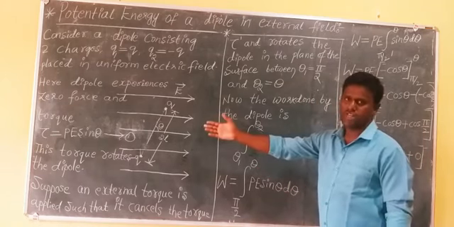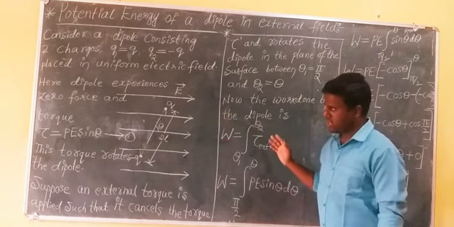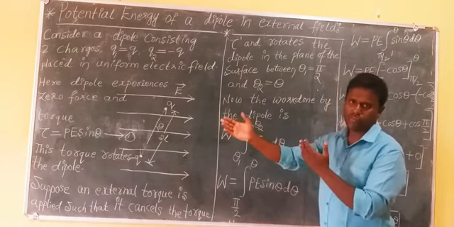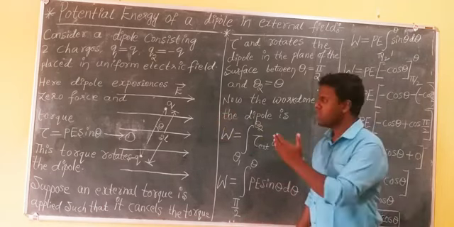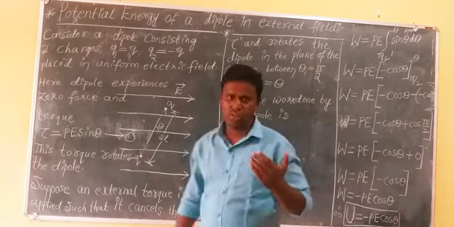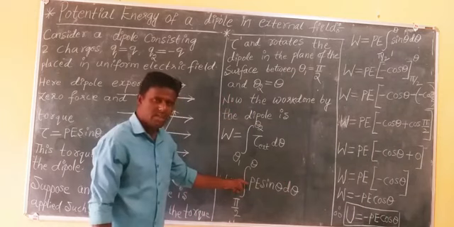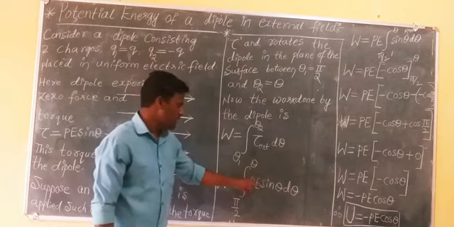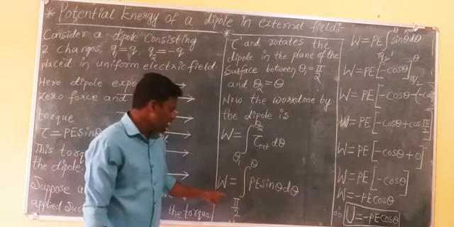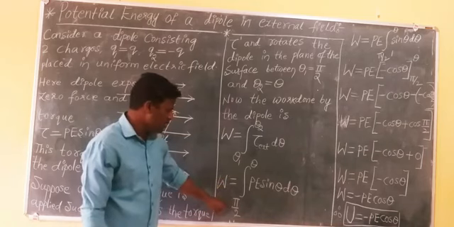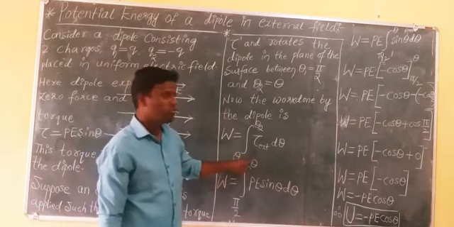The external torque is similar to the expression of torque, tau equals P E sin theta. We can take the same here. So tau external is P E sin theta into d theta, with angles theta 1 equals pi by 2 and theta 2 equals theta.